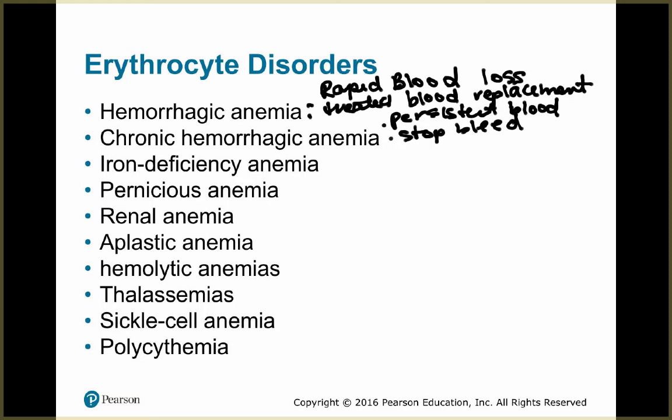Iron deficiency anemia can be caused by hemorrhagic anemia. So it can be caused by these guys, or it can be caused by low iron uptake or impaired absorption of iron.